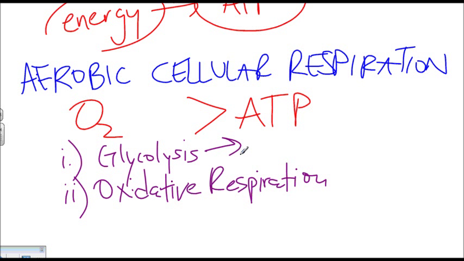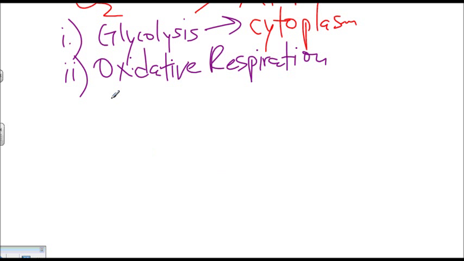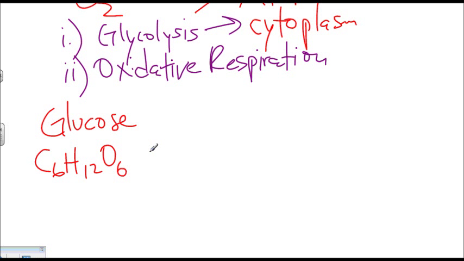Glycolysis itself is a series of 10 enzyme catalyzed reactions that occur in the cytoplasm of a cell. With glycolysis, glucose, being C6H12O6, ultimately gets broken down into two molecules of what we call pyruvate.